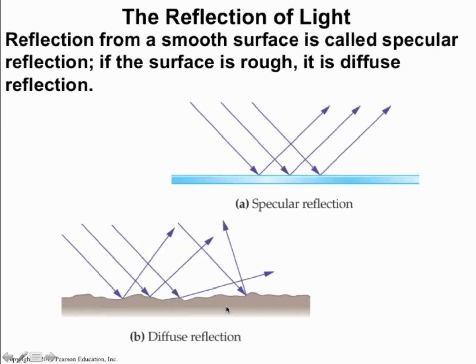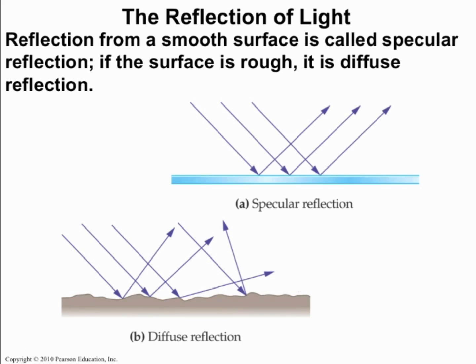Reflection from a smooth surface is called specular reflection. If the surface is rough, it is diffuse reflection. Specular reflection is the kind that we see in mirrors, because mirrors are highly polished and smooth. But diffuse reflection is what we see on a whiteboard in the classroom.